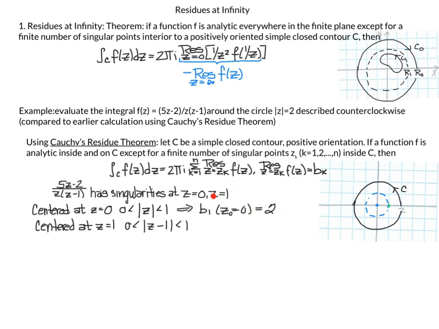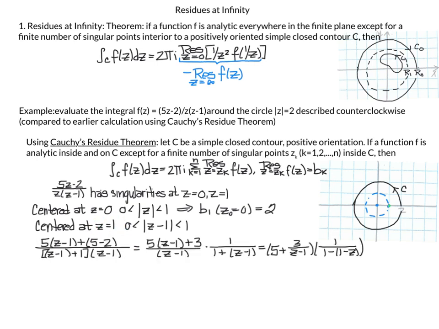But I still have this other singularity at z equals 1. So I need to center a Laurent series around z equals 1. Which means over here in my numerator, my 5z minus 2, this z here needs to become a z minus 1, which means I have this extra minus 5 term, so I'm going to need to add a 5 back. So I'm going to combine that with my negative 2.